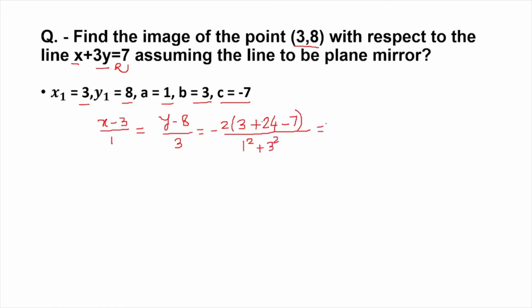So this is equal to minus 2 into (24 plus 3 is 27, minus 7 is 20) divided by 10. Okay, so 0 is cancelled out.